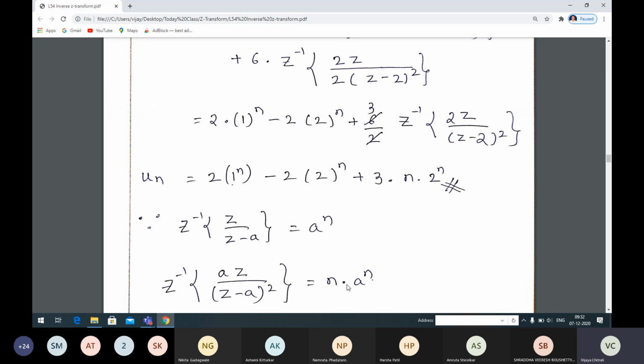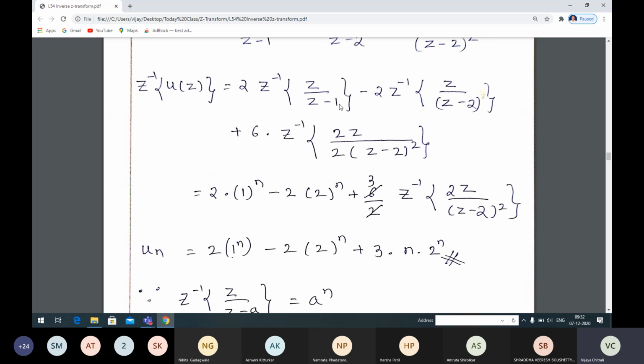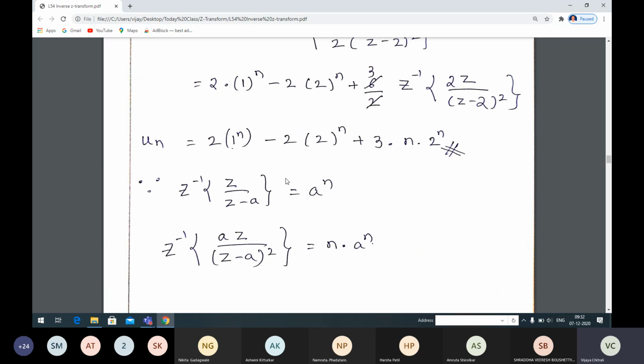This is nothing but n as it is, in place of a, 2, so 2 raised to n. And this 3 is as it is. For the other, in place of a, 1, and here in place of a, 2, so 1 raised to n, 2 raised to n. Understood? So we have used these two results.